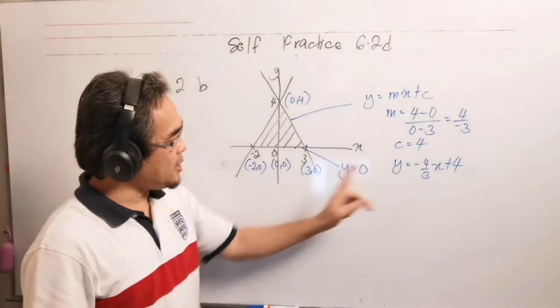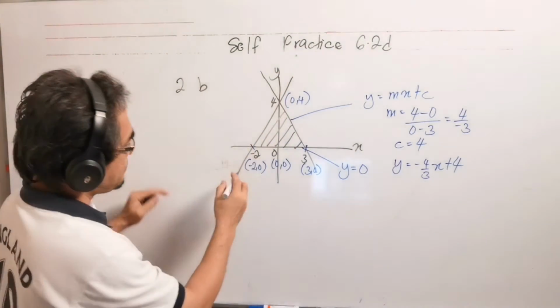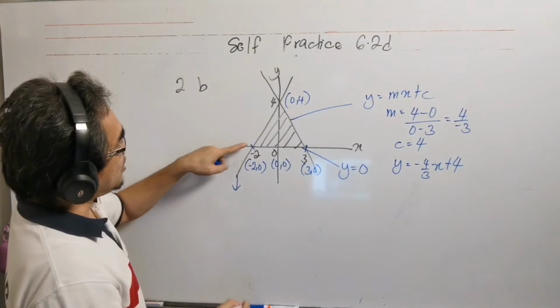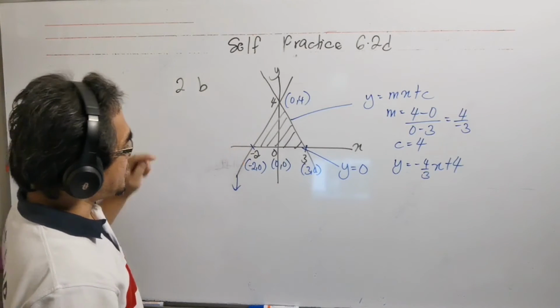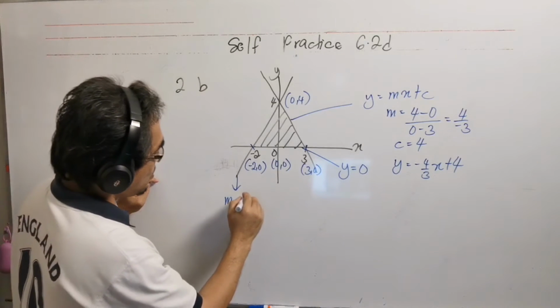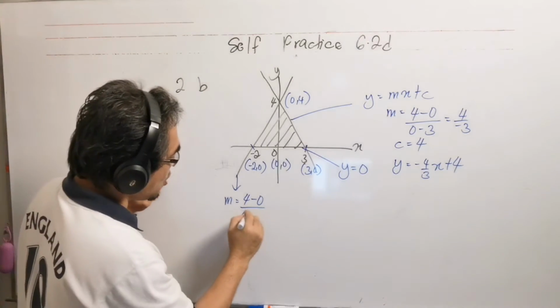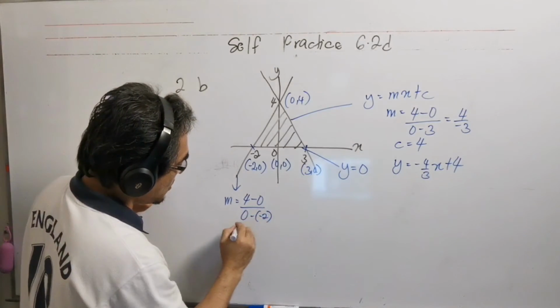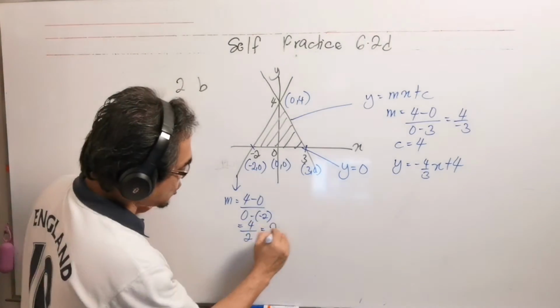So you have one equation, two equations, and the third equation is this line. The coordinates are 0, 4 and negative 2, 0. So m is 4 minus 0 over 0 minus negative 2, which is 4 over 2, which is 2.